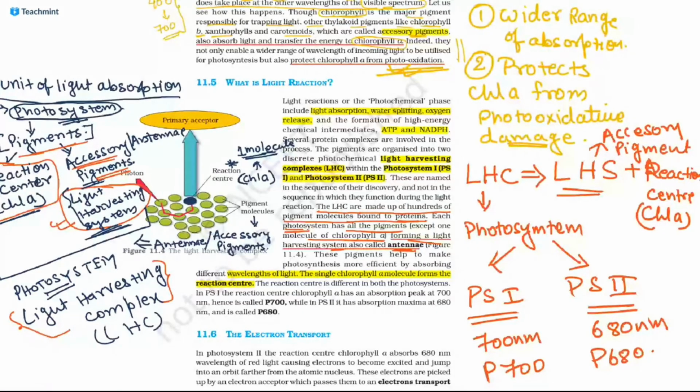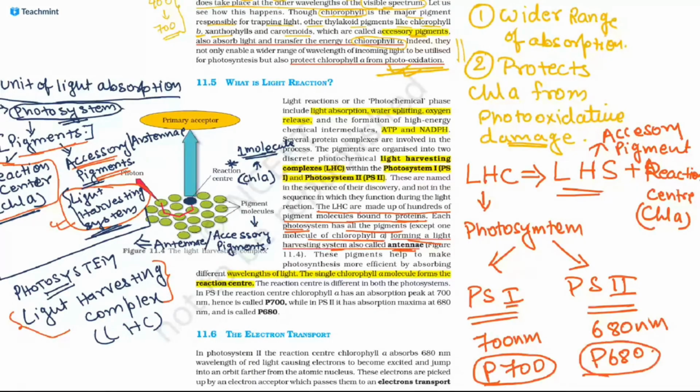See, from here, the concepts of what is light harvesting complex, what is reaction center, what is accessory pigment, what is antenna, what is the relation between light harvesting complex and light harvesting system, all are very important. What is the difference between photosystem 1 and photosystem 2? That is also very important. So one difference, as I said, is the absorption, right? One absorbs at 700 nanometer, another absorbs at 680 nanometer.